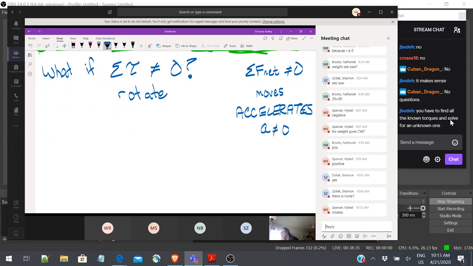A does not equal 0. For torque, the most accurate thing isn't to say it rotates, it's to say it has an angular acceleration. Angularly accelerates. Alpha does not equal 0.